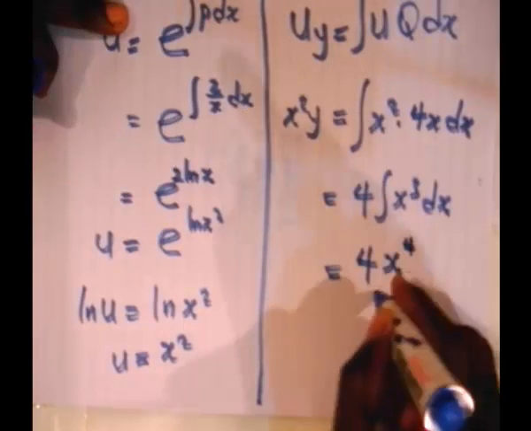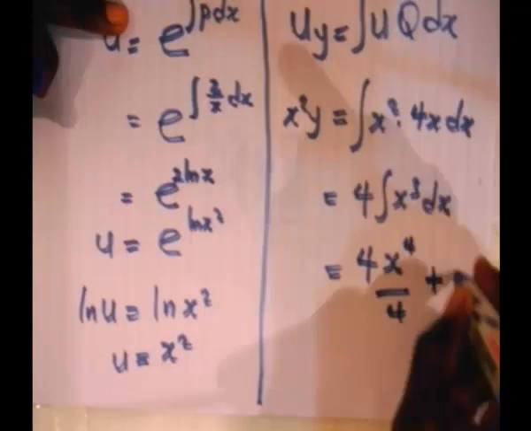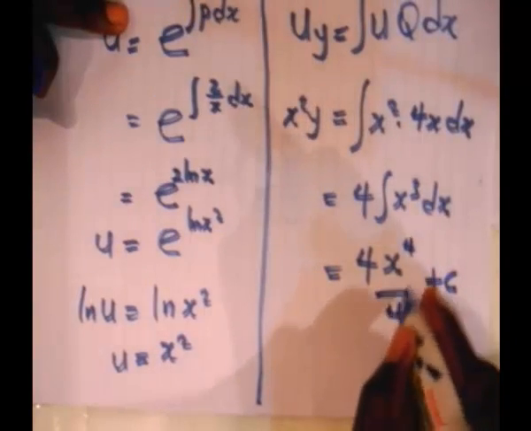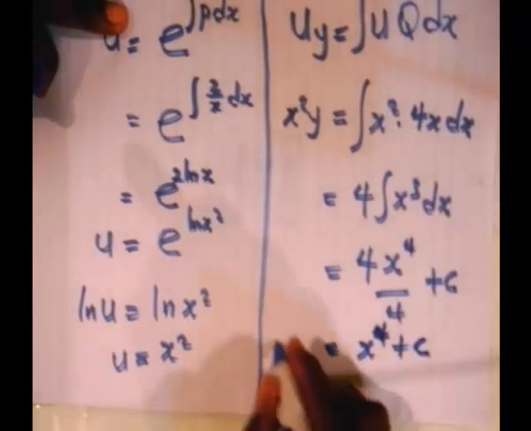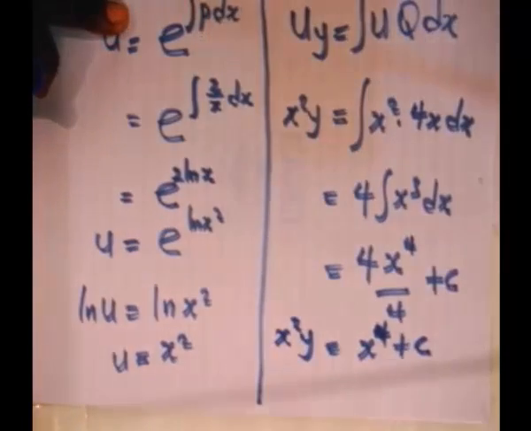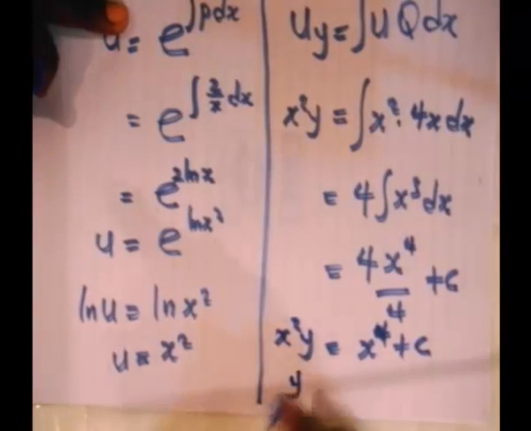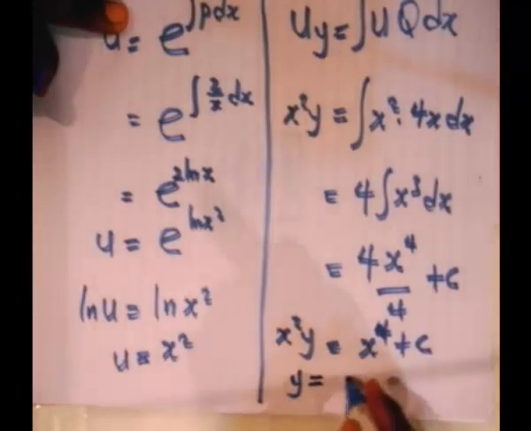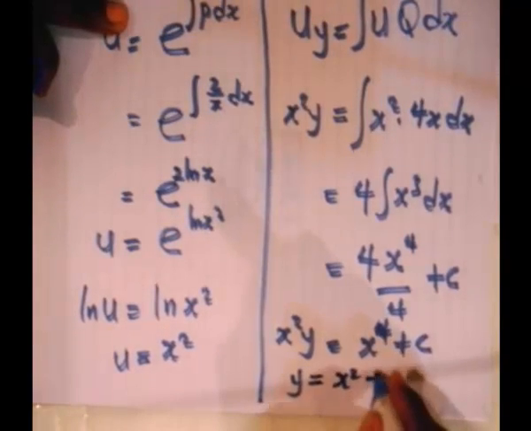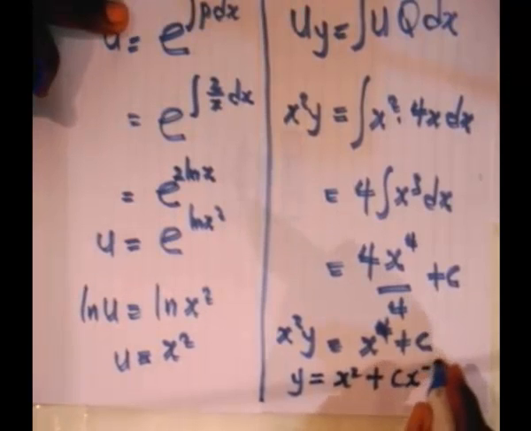That is 4 x to the 4 on 4 plus c. This cancels out. You have x to the 4 plus c. x squared y equals this. So our y, by dividing through by x squared, is x squared plus c x to the minus 2.